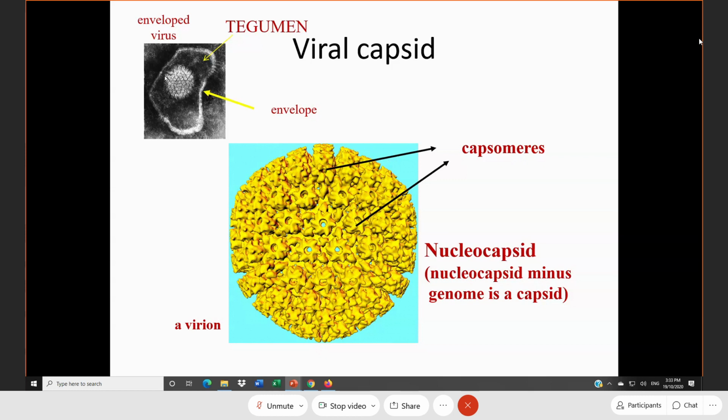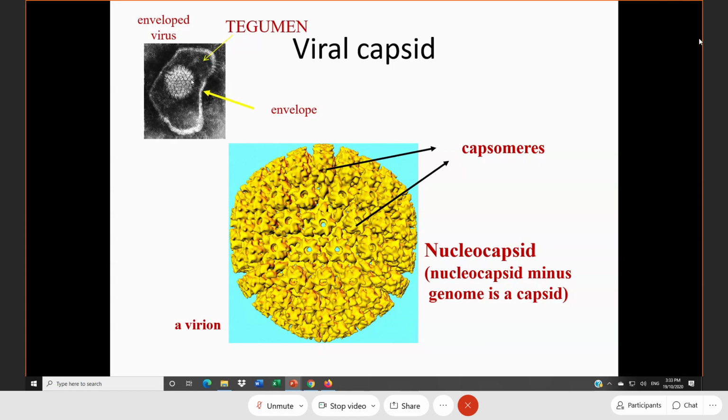Inside here, can you see the dots here? Each one is actually a square. You can see that this is quite clear. Each one here we call a capsomere. Many capsomeres become the capsid. So capsomeres are actually the individual units of the capsid, each a protein block.